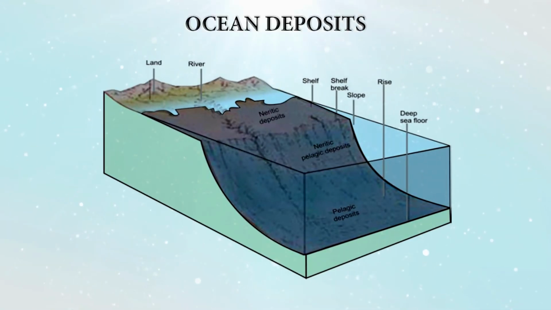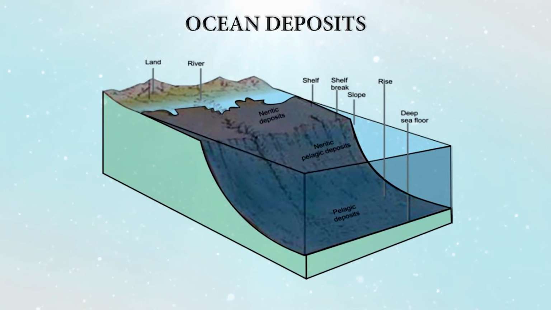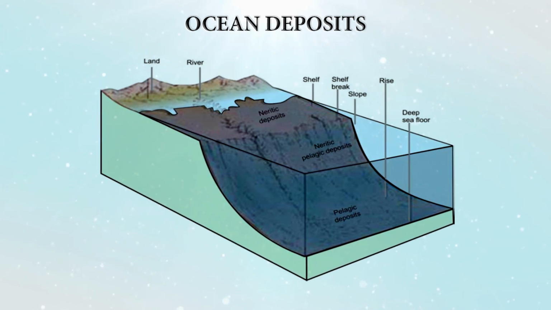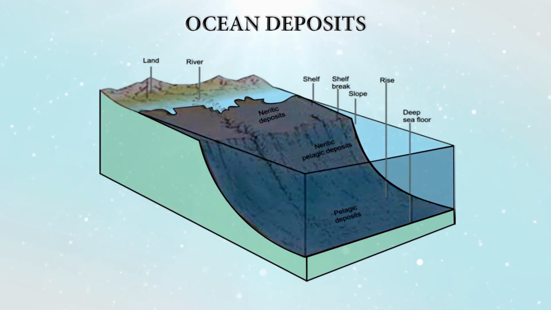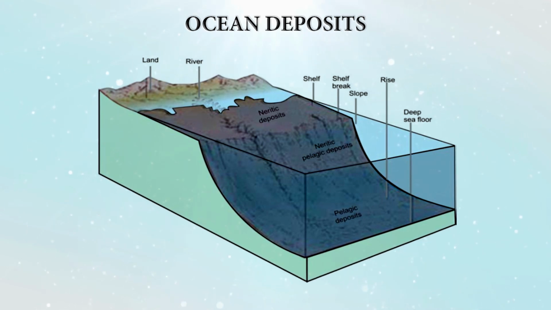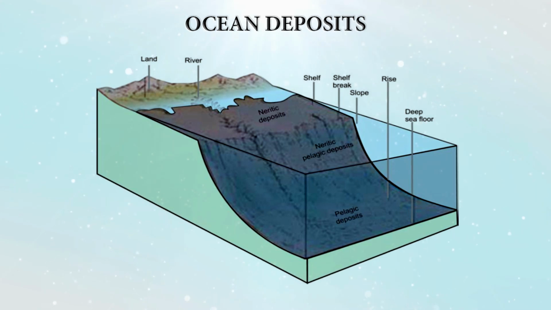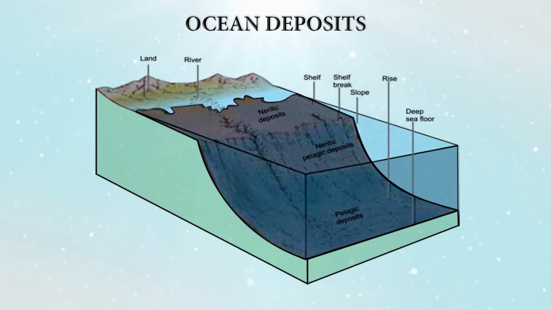This classification of organisms was given by Johnson, and the pelagic deposits mostly consist of decomposition of these organisms. And red clay also forms a part of pelagic deposits. In this figure you can see the continental shelf area is dominated by neritic deposits, then the continental shelf break area, and then the slope area also has a few neritic deposits.